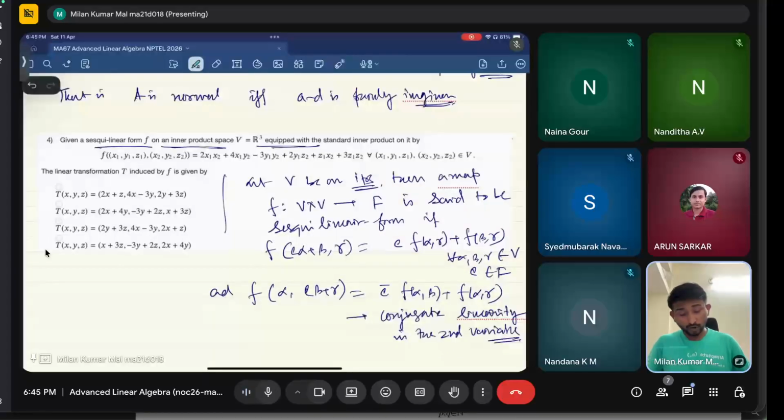Okay. So what is given as the inner product? Let me write f of x1 y1 z1 comma x2 y2 z2.